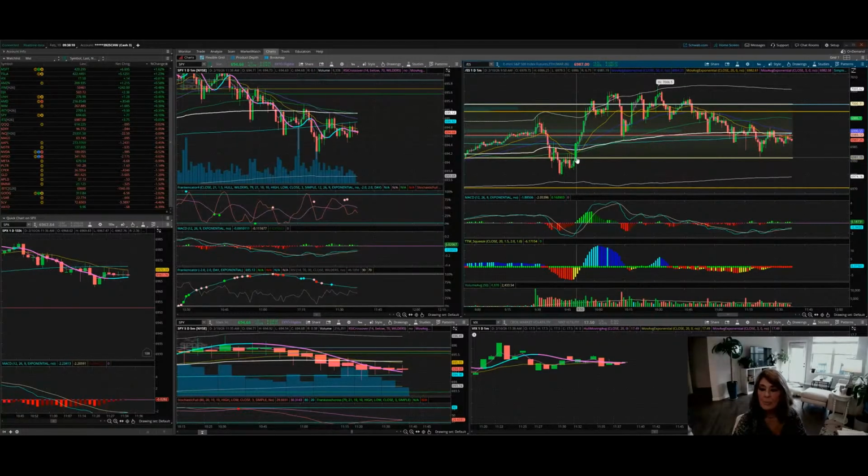So here's the open, right here is the open. So right where my cursor is, and if you look to the right, we're just shy of the open, not by much, just by a little bit. So we haven't gone far. And again, big data coming out tomorrow.